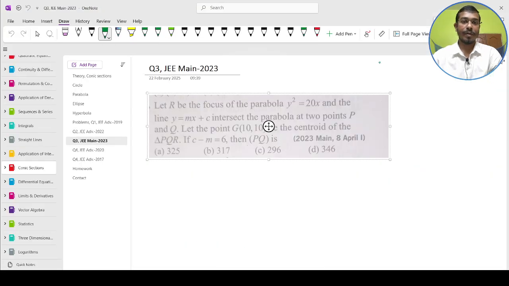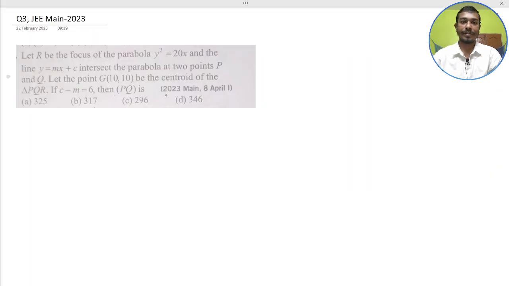Next, problem number 3, JEE Main 2023. Let R be the focus of the parabola y square equal to 20x and the line y equal to mx plus c intersect the parabola at 2 points P and Q. Let the point (10, 10 alpha) be the centroid of the triangle PQR.